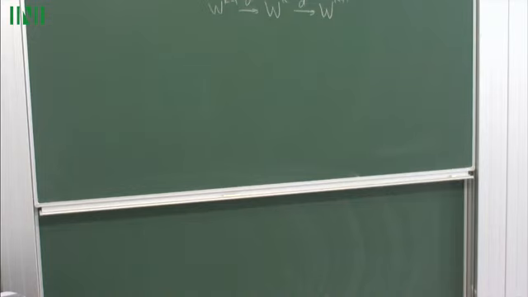In the simplest case, D is some epsilon E, and somebody will remember which is permeability and which is permittivity, but it's one of those. And that could be a scalar, it could be a matrix, it could depend on x. And similarly, B is mu H, and whichever epsilon was, mu is the other one. And then we have the constraints that D is divergence free and B is divergence free.